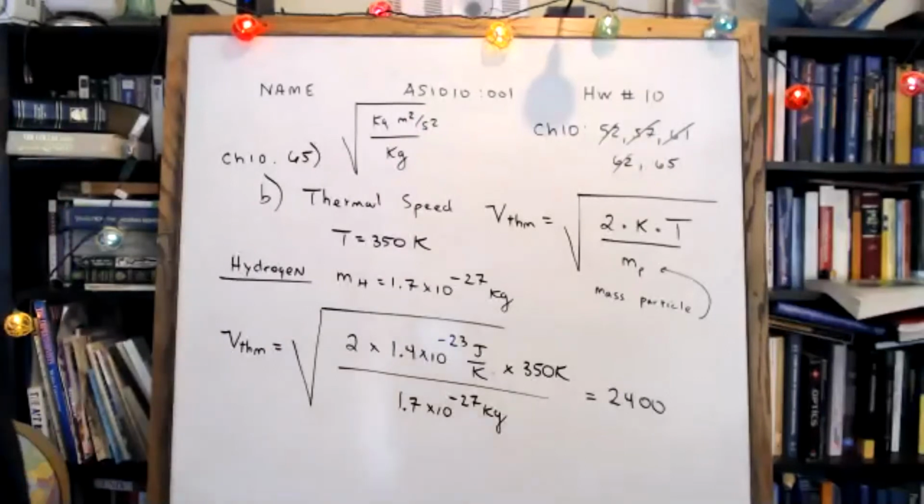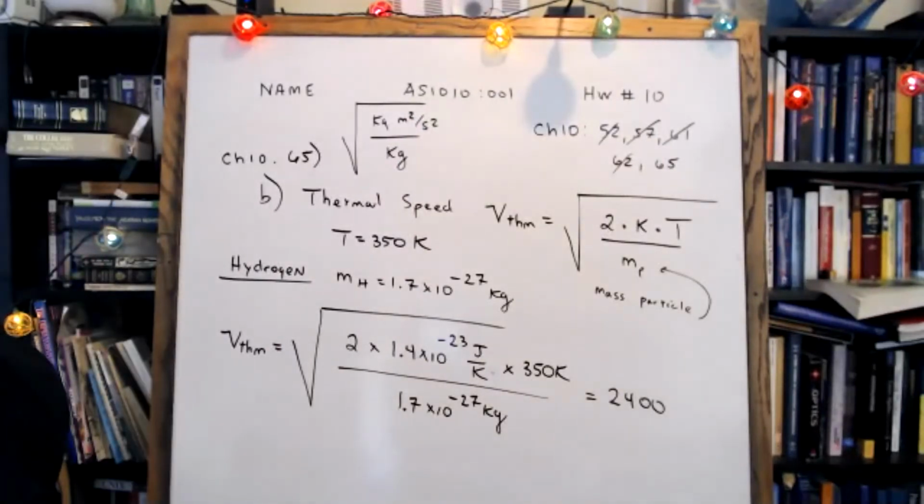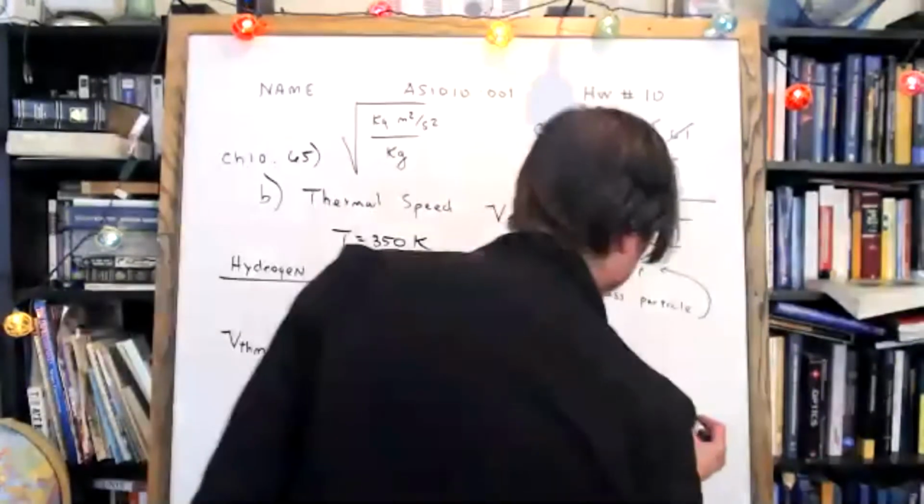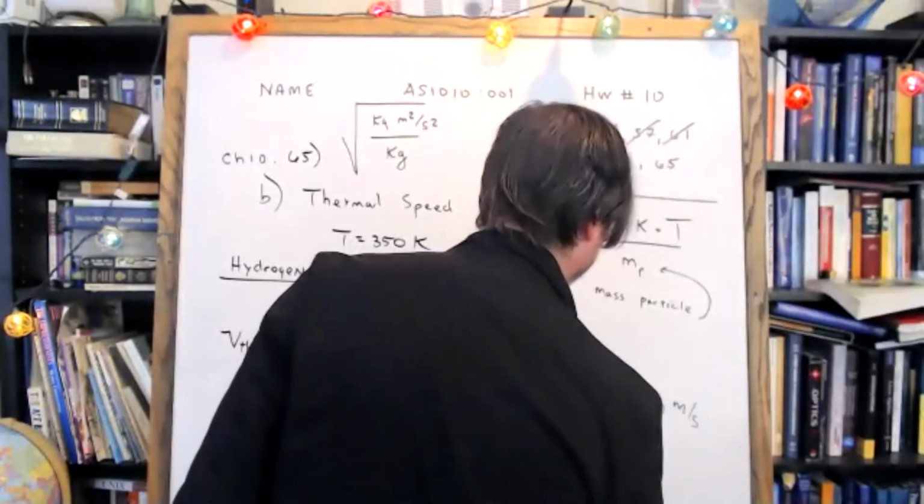So what is radical joules per kilogram equal to? Meters per second? That's right. It's a velocity. How many kilometers per second is that?